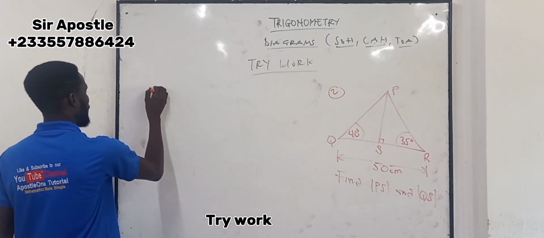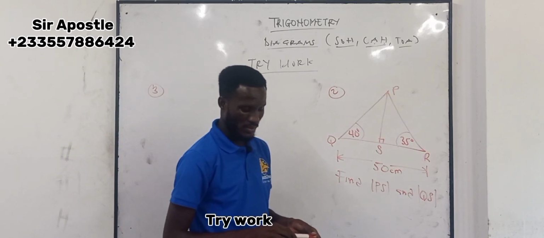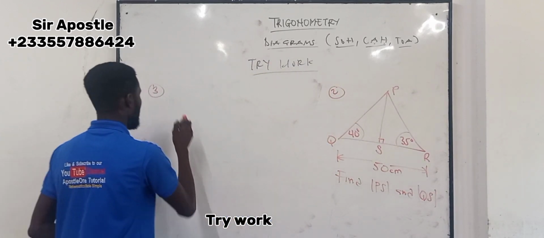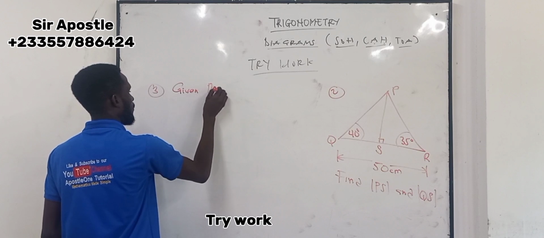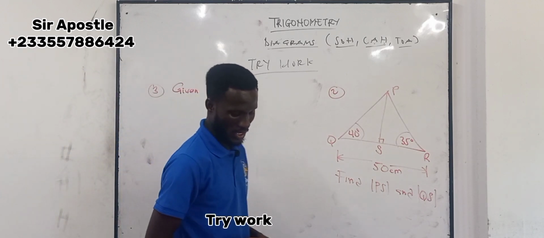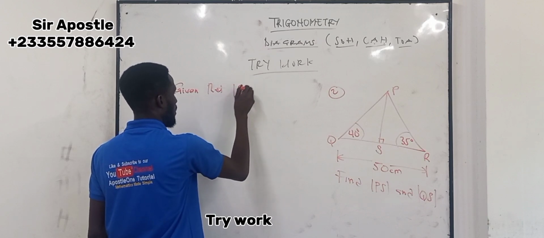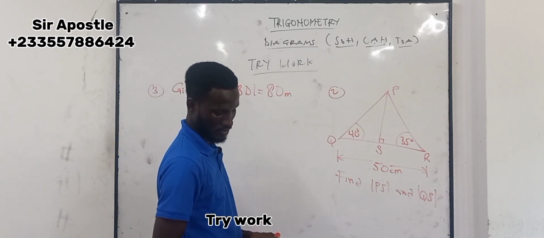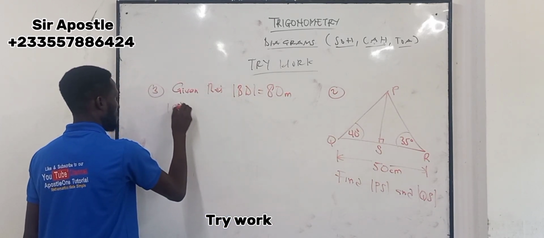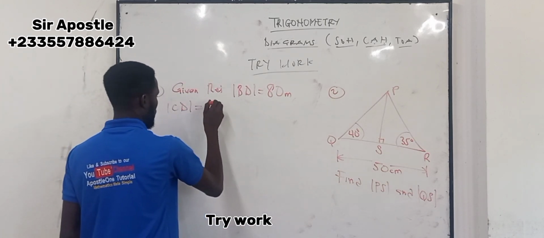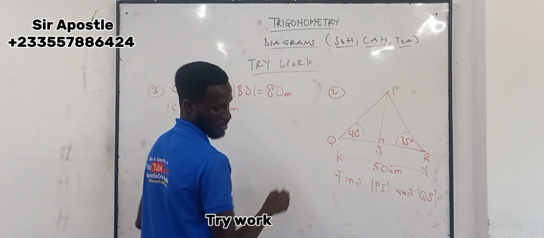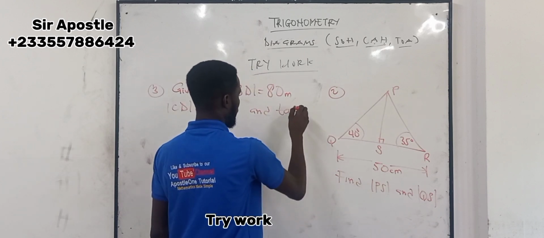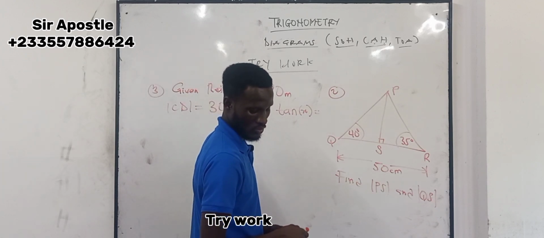Now then question 3. Given that BD is equal to 80 meters, CD is equal to 30 meters, and tan X is equal to 3 out of 4.